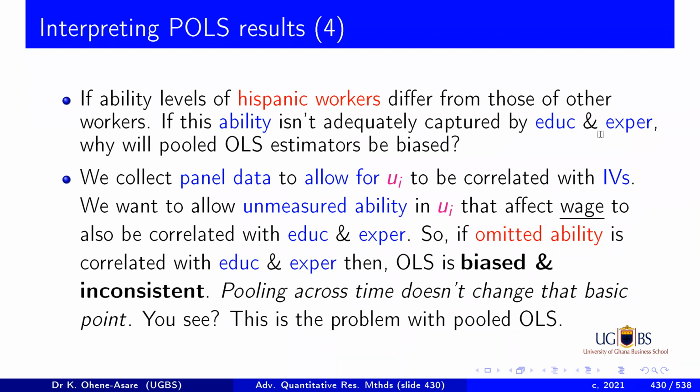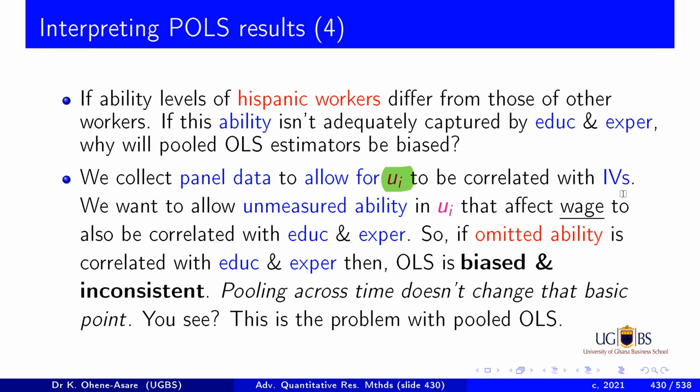I'm sure you guys can understand this. It will be biased. You should have collected data on ability, or even if you can't collect data on ability, there must be another model that will take into consideration such ability. So normally when you collect the panel data, you allow for this unobserved heterogeneity, this UI. You allow this unobserved heterogeneity to be correlated with the independent variables.